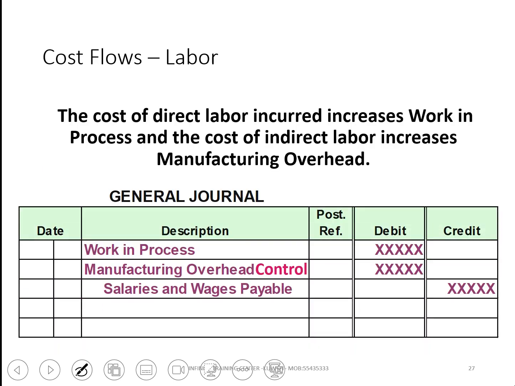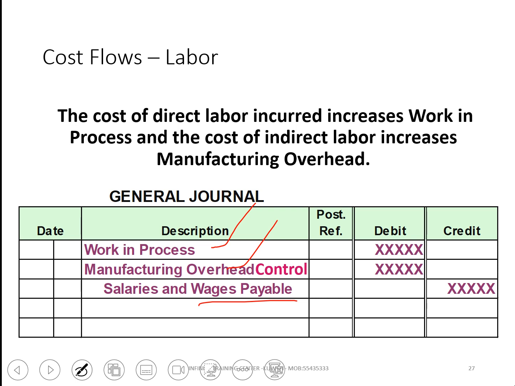And what will happen to your labor cost when you are paying? Actually the same: work in progress is debited for the direct labor cost, and the indirect labor cost will go to overhead control account, and you will credit cash, or maybe wages payable. So you debited work in progress for direct labor, and you debited manufacturing overhead for the indirect labor.